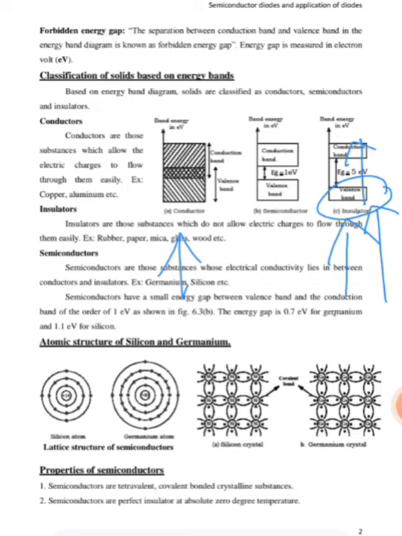So there we do not get current conduction, because we just saw that for current conduction we need free electrons. So in an insulator, there is a large forbidden energy gap between the valence band and the conduction band, which is in the range of 5 electron volt.